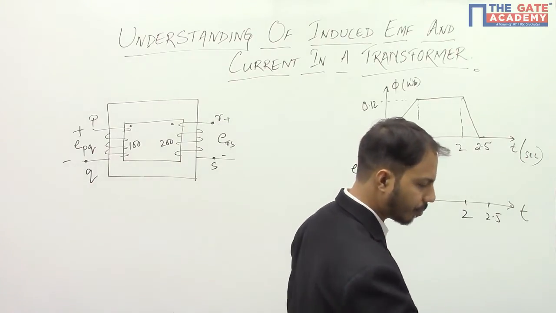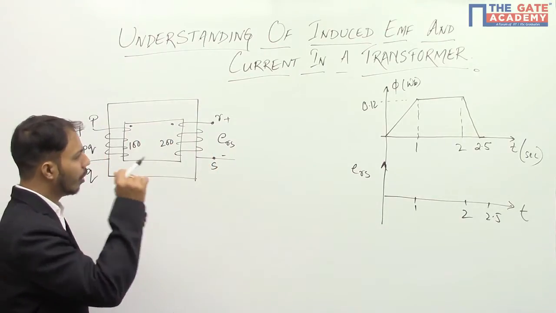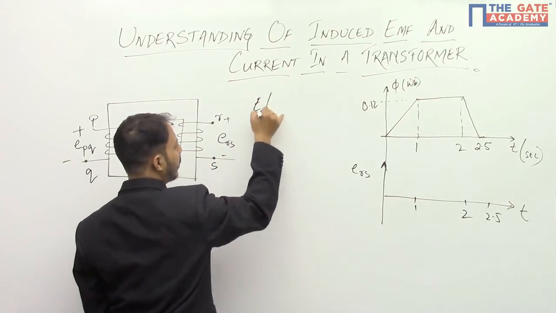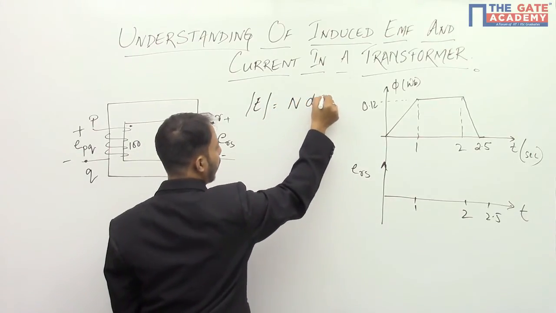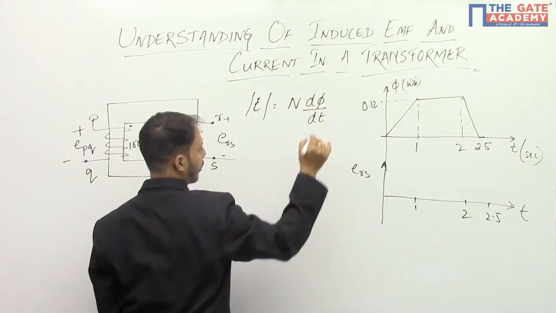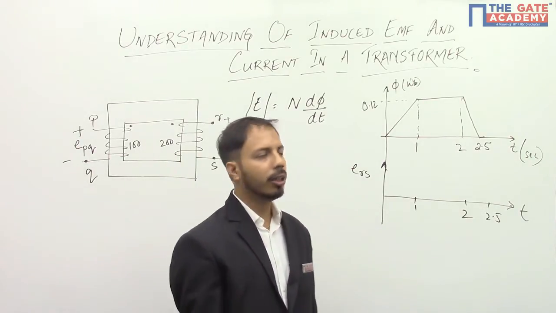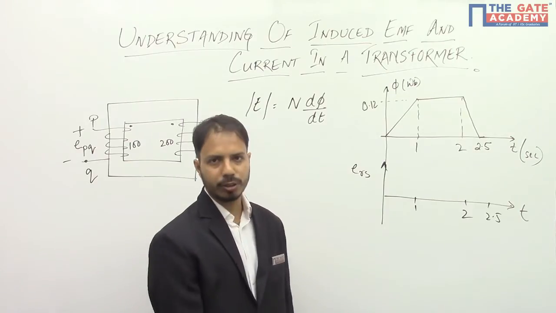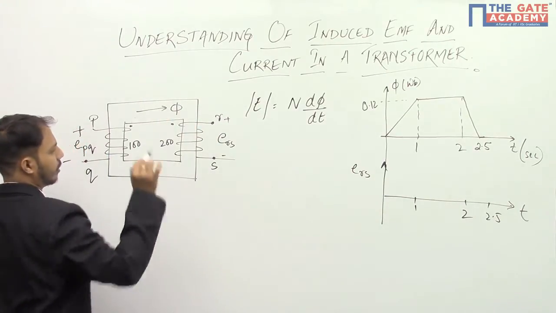So what we know is the induced EMF magnitude we can easily find out. That is equal to number of turns into rate of change of flux. Now you see, generally we consider that the flux is sinusoidal, but here the flux is not sinusoidal. And it is given that the direction of the flux here is this.